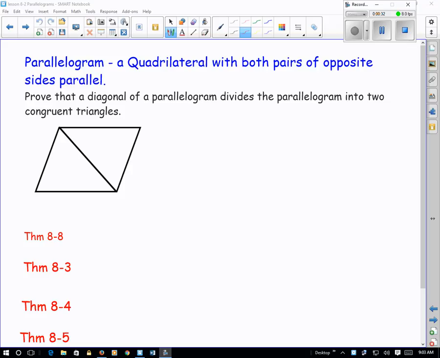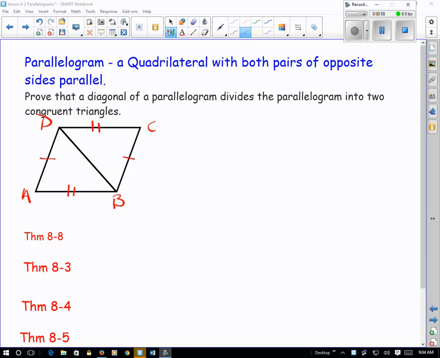So we want to use that idea to prove that a diagonal of a parallelogram divides it into two congruent triangles. We'll just do a real brief informal proof here. So if we have parallelogram ABCD, and we know by definition that AD is parallel to BC and AB is parallel to DC.